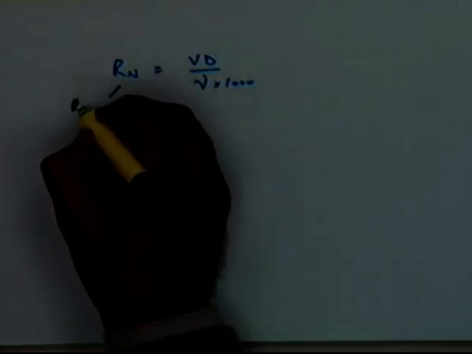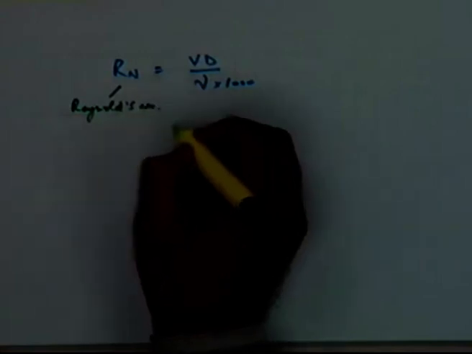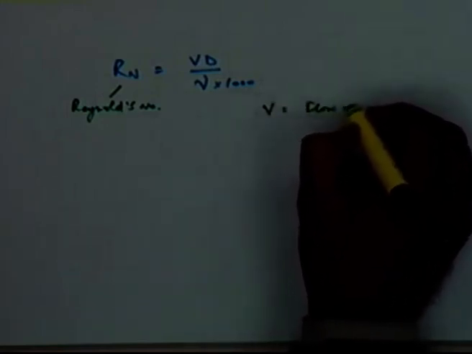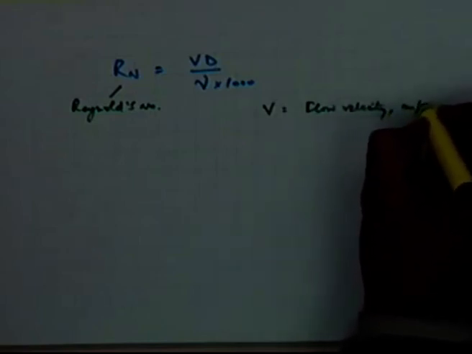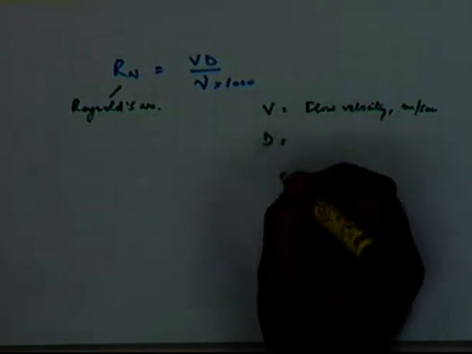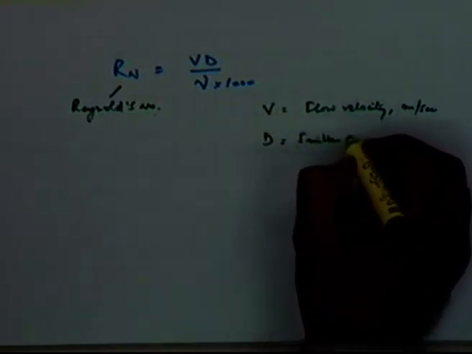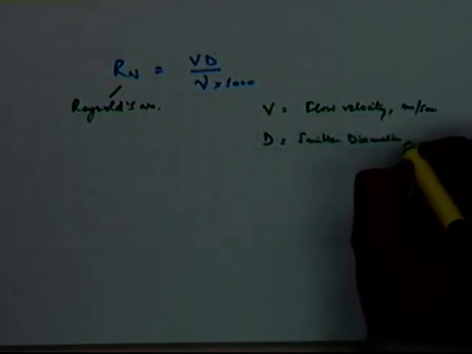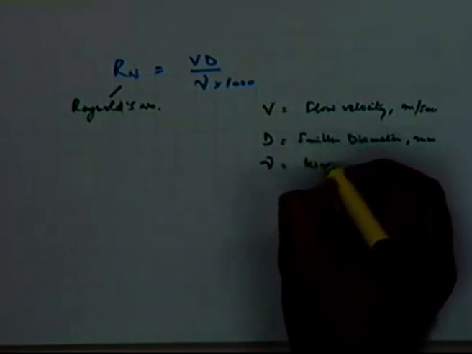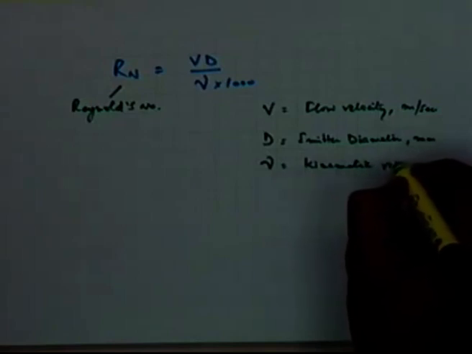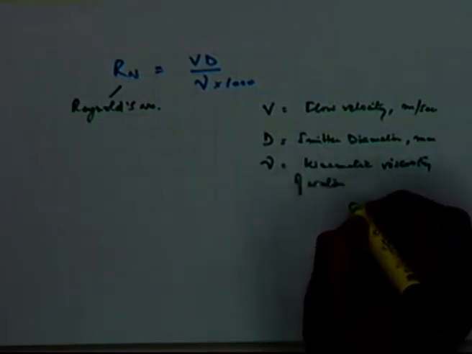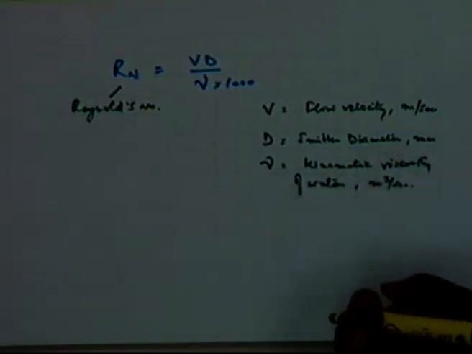This is the Reynolds number, which is a dimensionless number, and V is the flow velocity in meters per second, D is the diameter in millimeters, and nu is the kinematic viscosity of water, expressed in meters square per second.